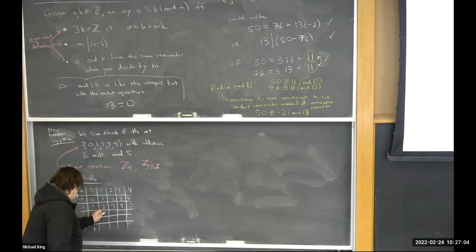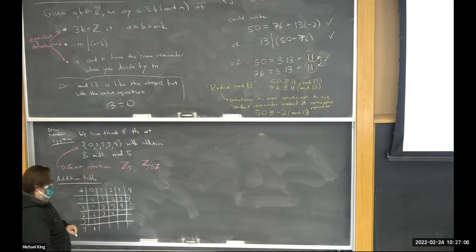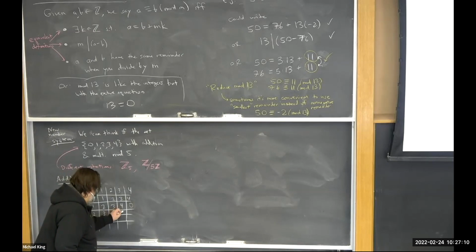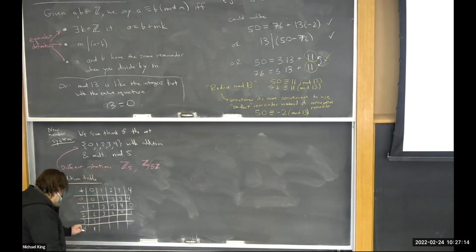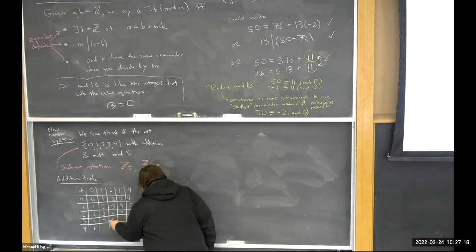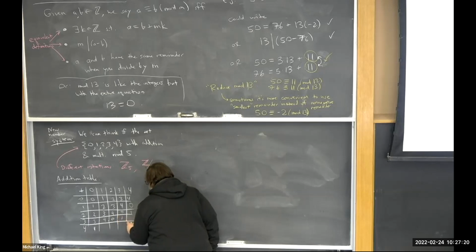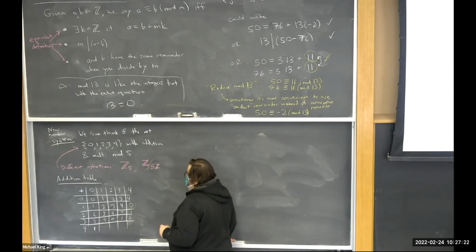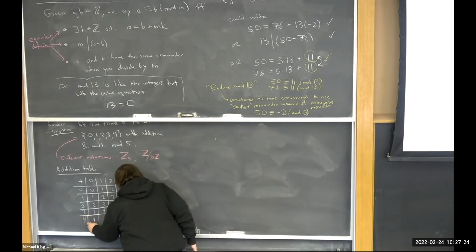2 plus 1 is 3. 2 plus 2 is 4. 2 plus 3 is 0. 2 plus 4 is 6, which is 1. 3 plus 1 is 4. 3 plus 2 is 5, which is 0. 3 plus 3 is 6, which is 1. 3 plus 4 is 7, which is 2. And so on, right?